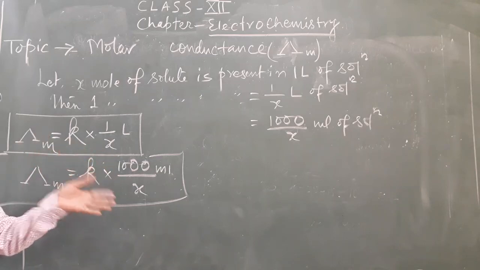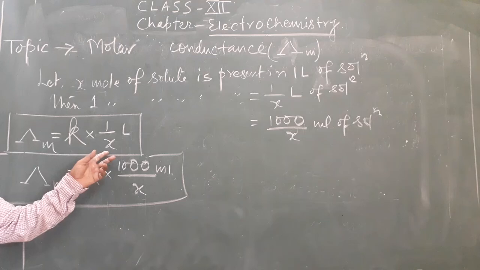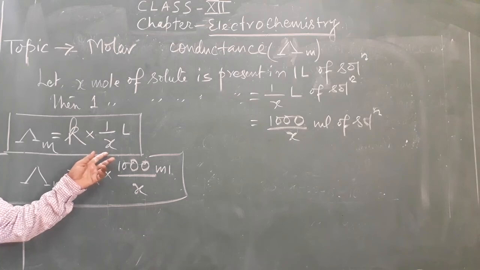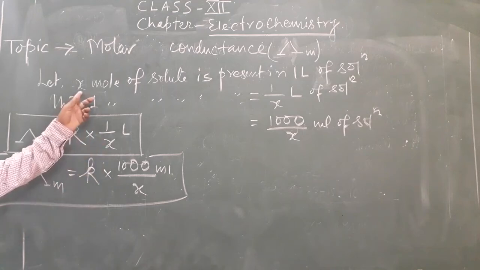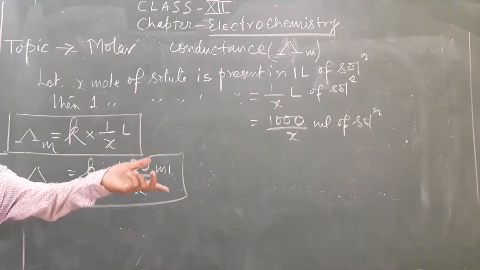Now, dear students, can you predict what is this x? Recall your memory to the definition of different concentration terms which we had studied in the previous chapter, solution. So x is what? Moles of solute dissolved in 1 liter of solution.